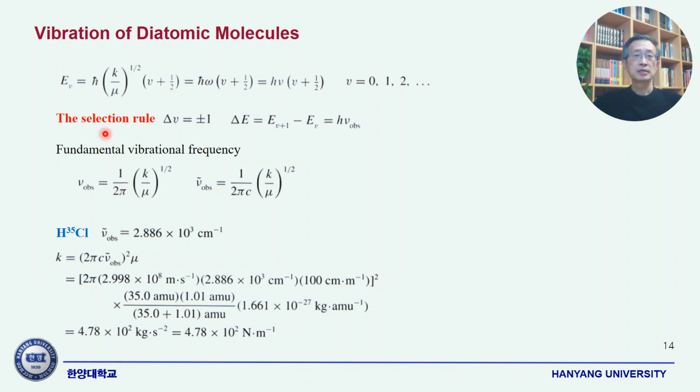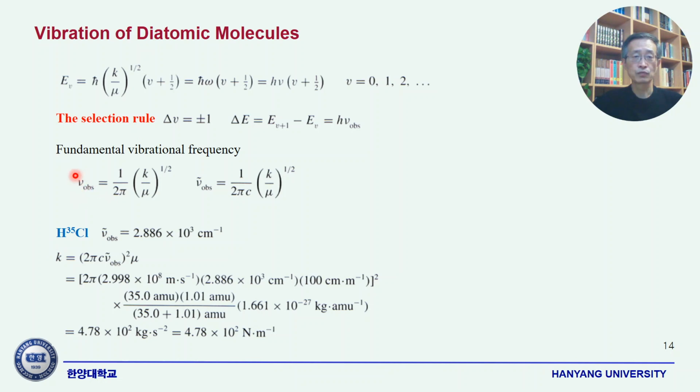Also we can study a diatomic molecule or chemical bond, assuming, of course, a harmonic potential for the chemical bond. So we'll examine the vibration of diatomic molecules.